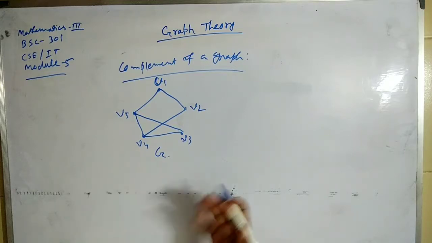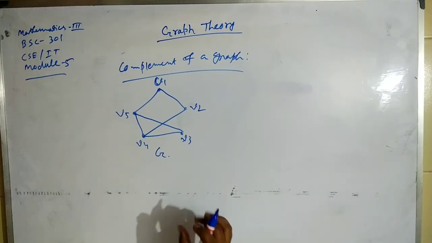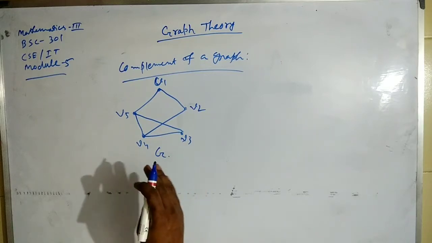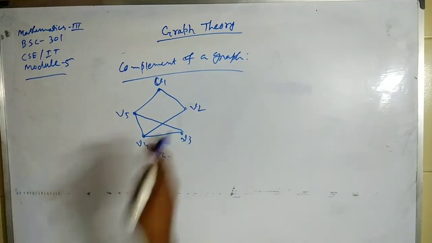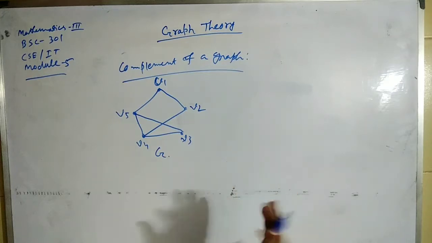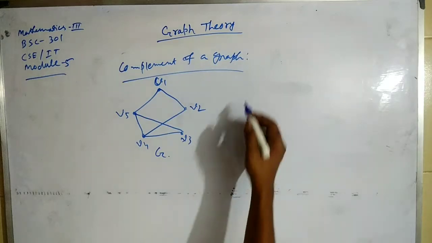In this way, many pairs of vertices are not adjacent. So, those edges which are not present in this graph, which stop this graph from being complete, you have to draw those edges, and the vertex set will be the same.